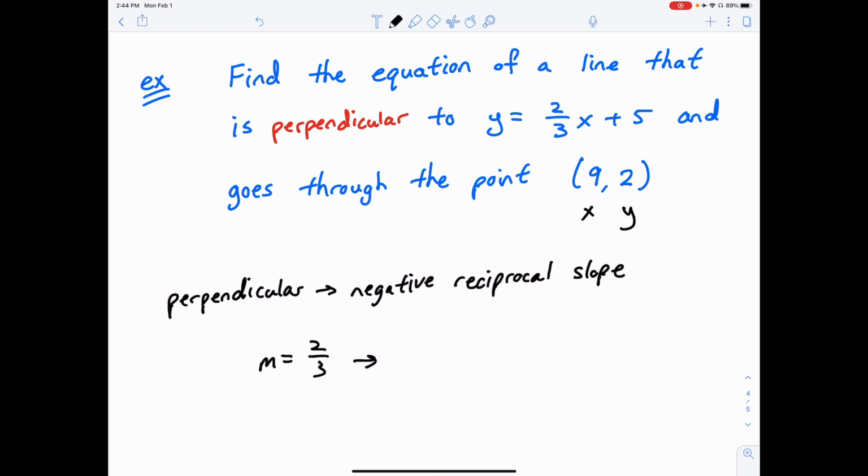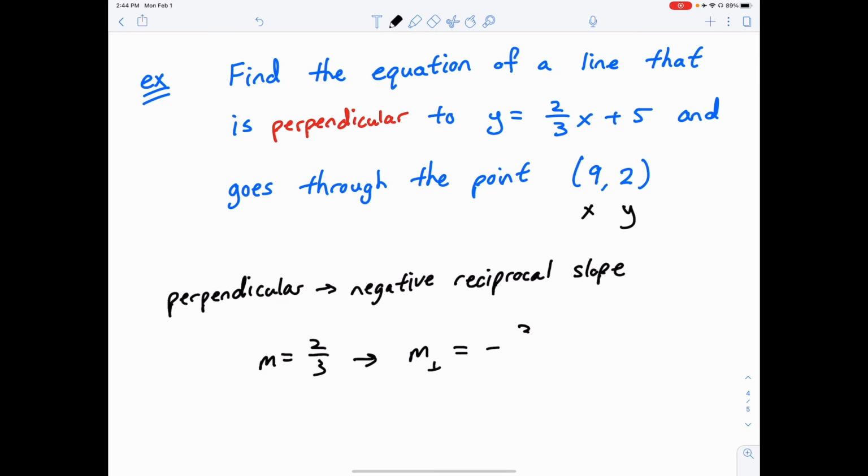So here we can see that the original slope is m equals 2/3. For the perpendicular one, you can write m with this upside down capital T to show perpendicular, is equal to the negative reciprocal, so negative 3/2. Again, we change the sign and we flip the numerator and denominator.